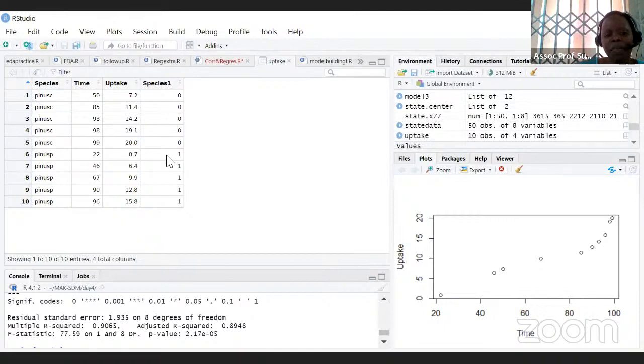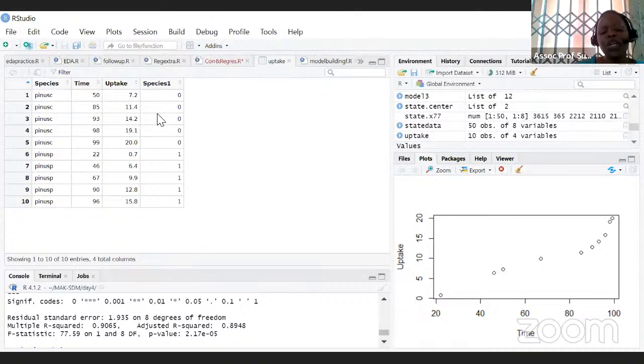That is only 1 dummy variable. If we had another species, maybe Pinus B, then we are going to formulate a second dummy variable, called species 2. And Pinus C will be 0, 0, then Pinus P will be 0, 0, then Pinus B, as for Betty, will be 1, 1.